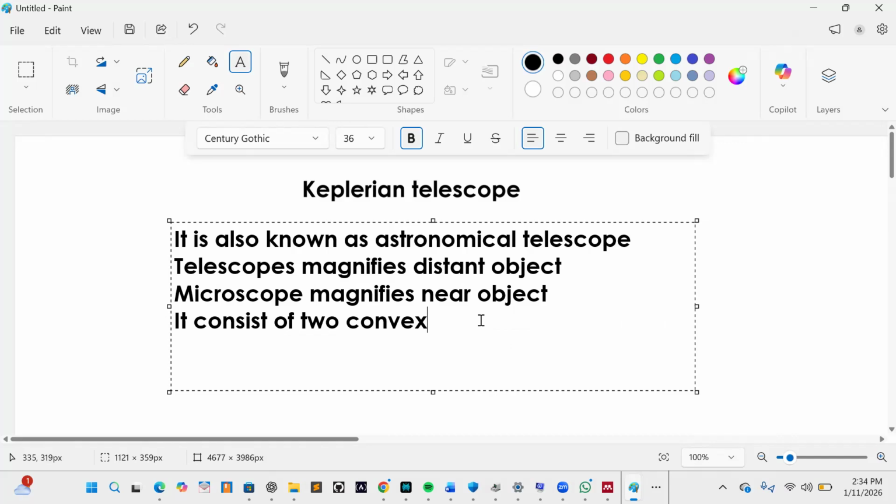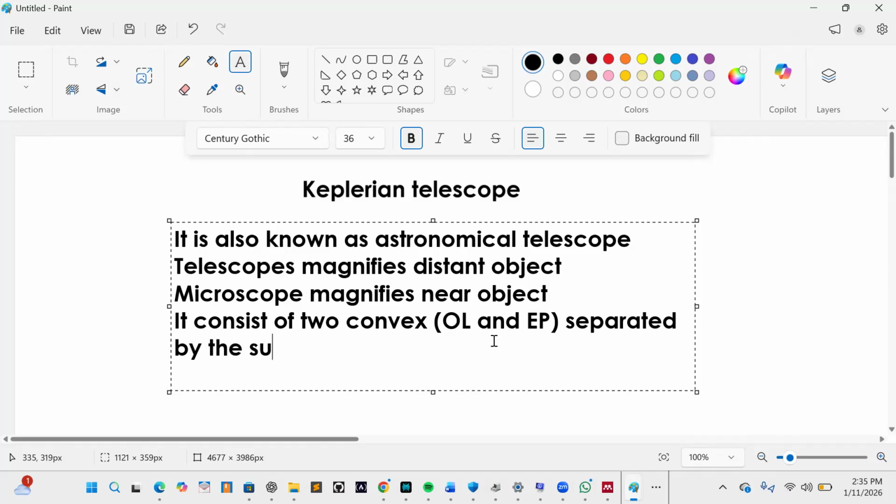The eyepiece is always bigger than the objective lens, just like in the Galilean telescope too. But in this case, they are both convex lenses, unlike the Galilean where one is convex and the other is concave. And they're separated by the sum of their focal lengths.